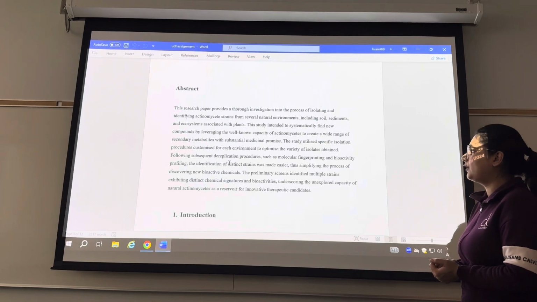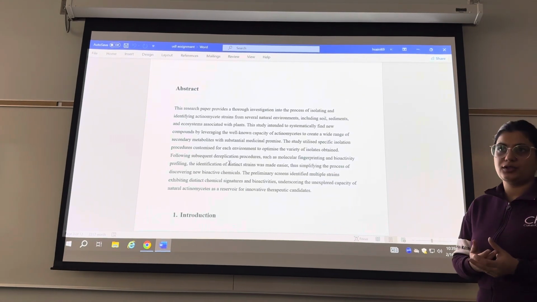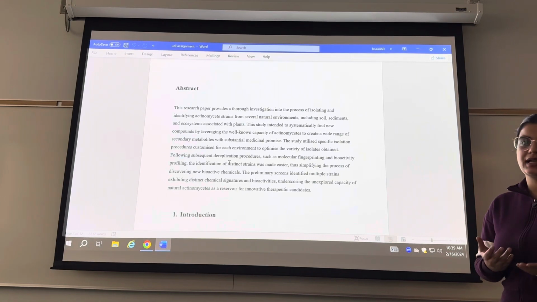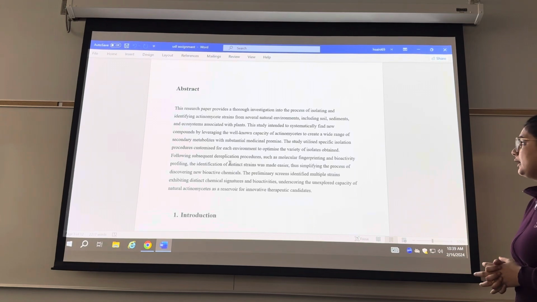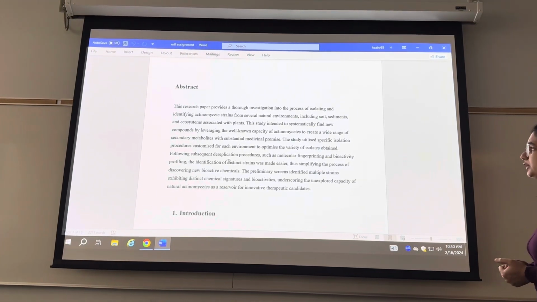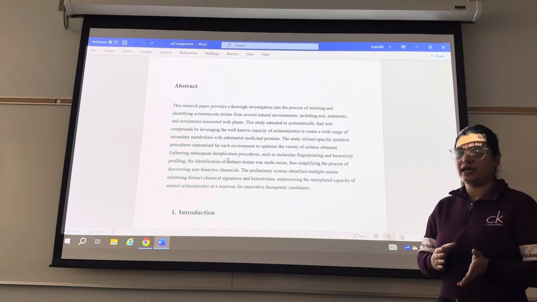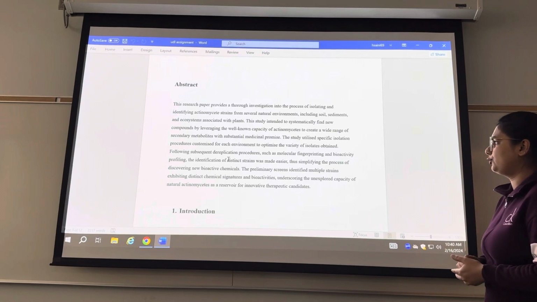So that we can find new compounds, given the well-known capacity of actinomycetes to create a wide range of secondary metabolites with substantial medicinal promise. And secondly, we are using dereplication techniques so that we are able to identify and isolate new strains if present in the various natural sources.